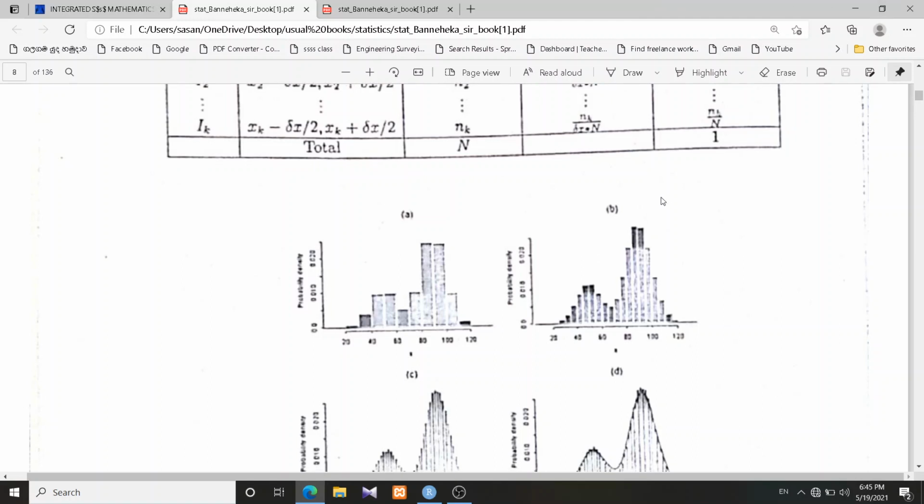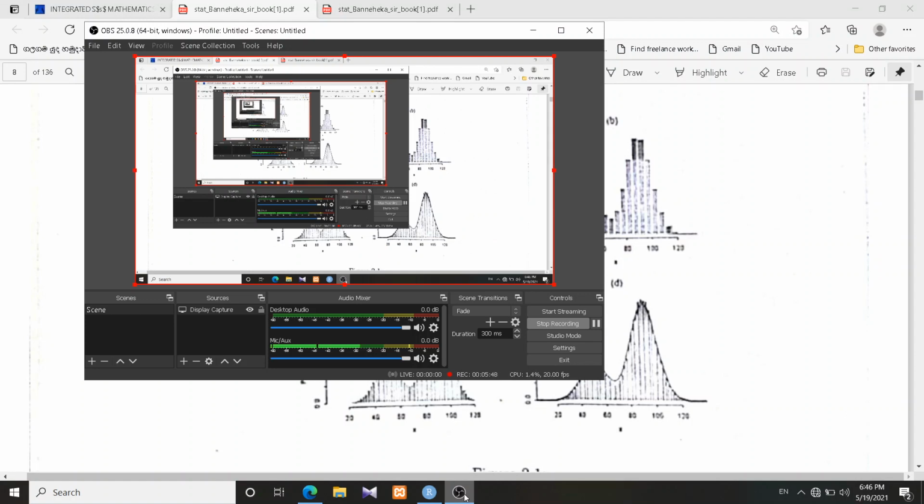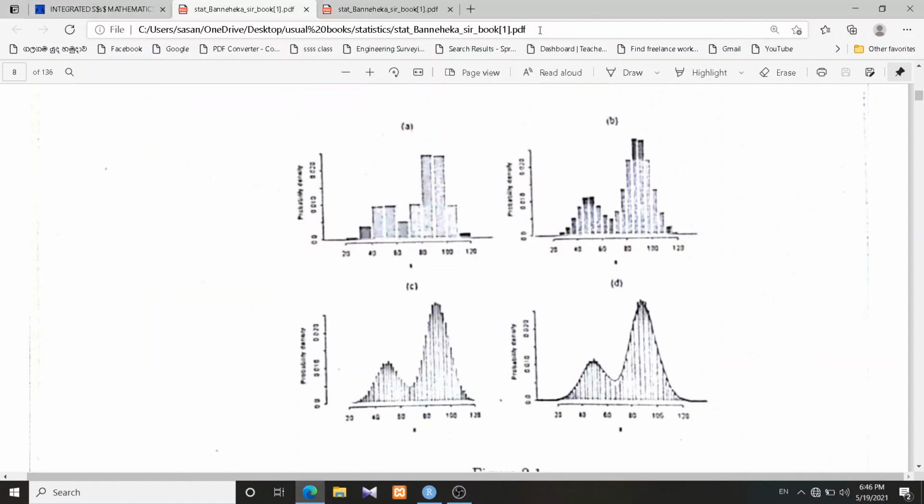Then you can make it into very tiny slices. We're going to make an approximation here. Once we let delta x go to 0, let me check whether it is being recorded or not. Yeah, luckily it is. Right, so then it becomes very smooth.